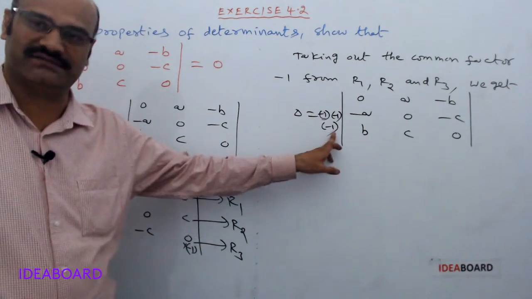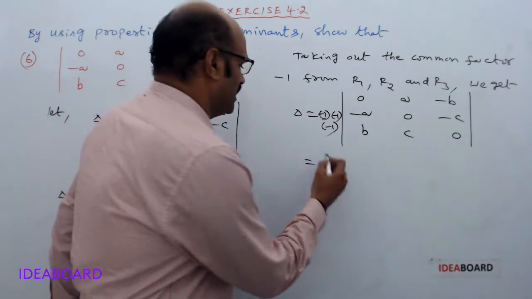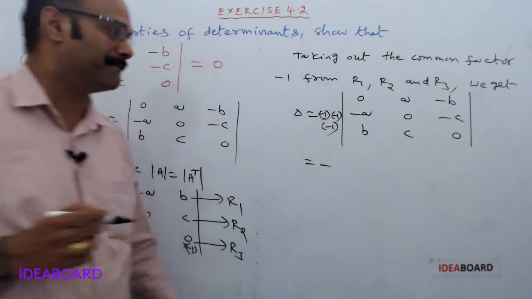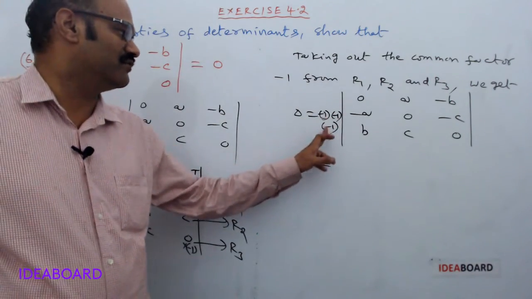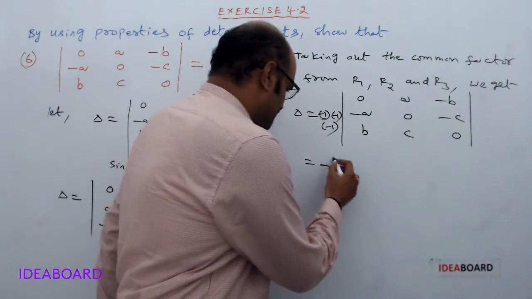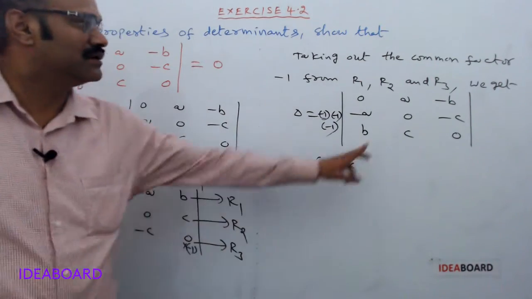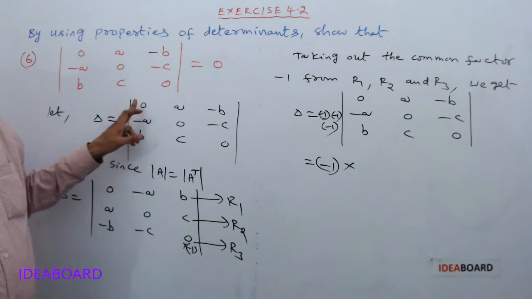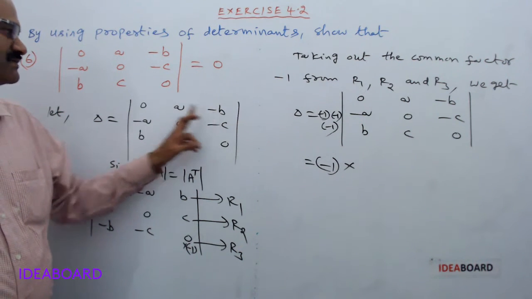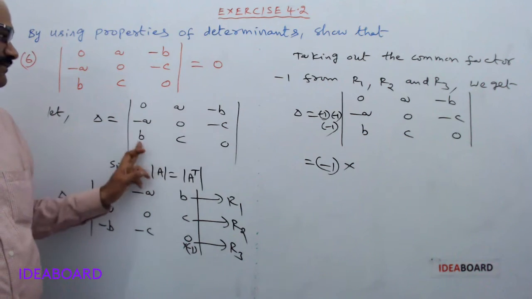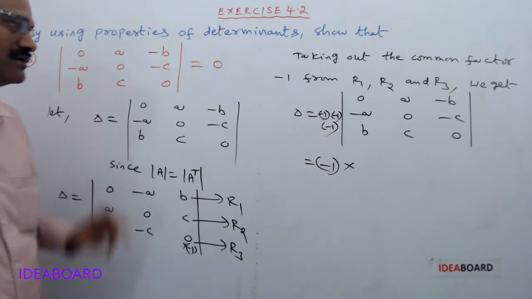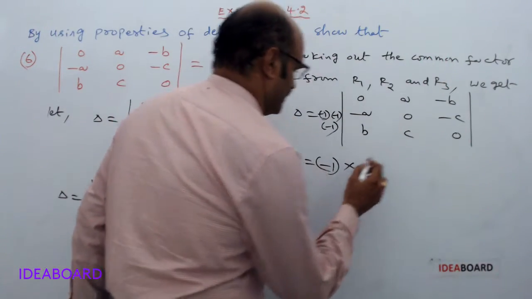So it implies we have minus 1 into minus 1 into minus 1 into the given determinant, 0 a minus b, minus a 0 minus c, b c 0. So this is nothing but delta here. So it implies minus delta.